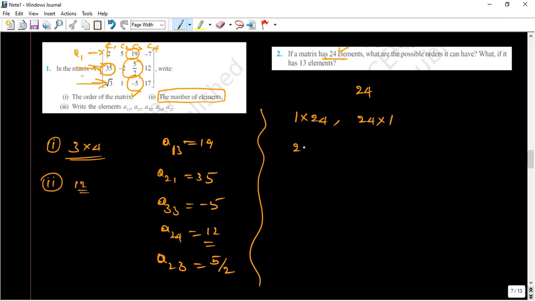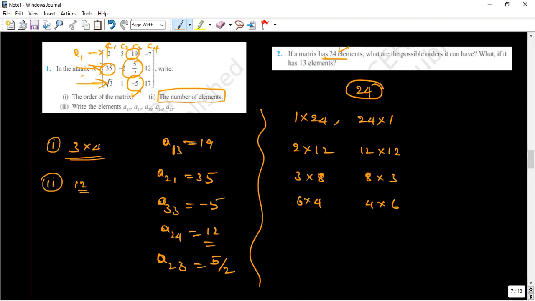I can create a 2 by 12 matrix, 12 by 2 matrix also. 3 by 8 or 8 by 3 matrix. 6 by 4 or 4 by 6 matrix I can create. These are the possibilities that we have. Total 1, 2, 3, 4, 5, 6, 7, 8. 8 possibilities that we have if we have 24 elements.